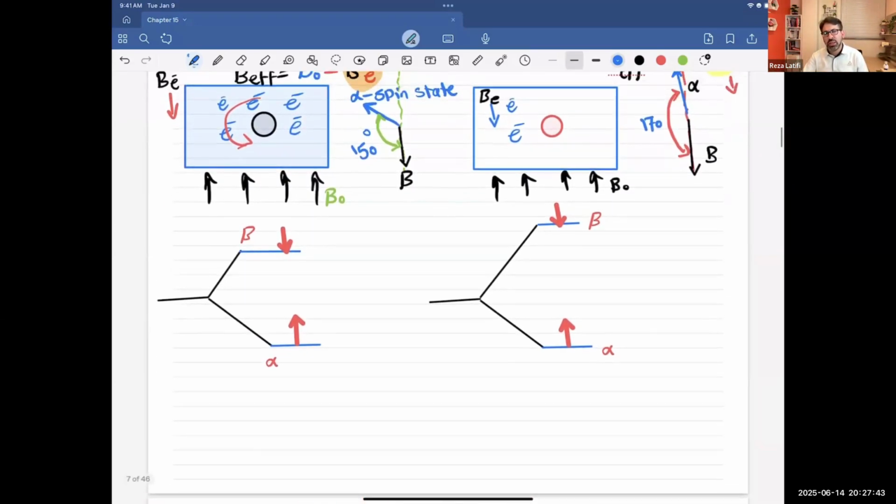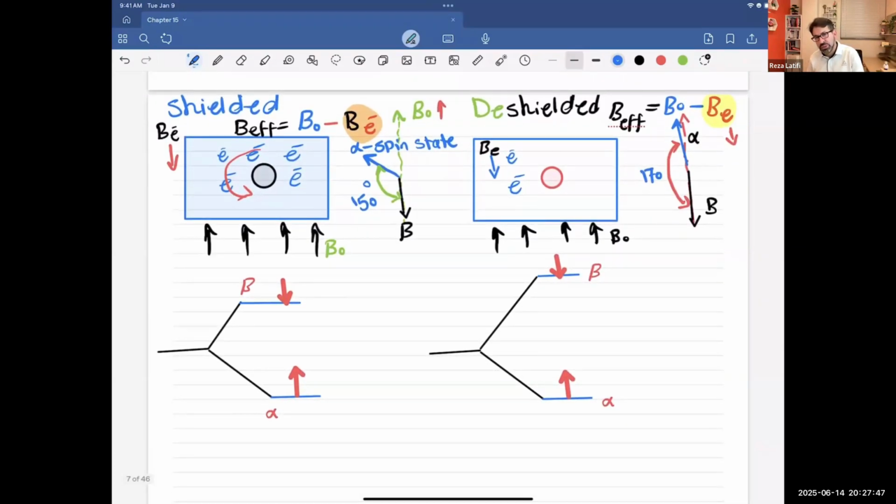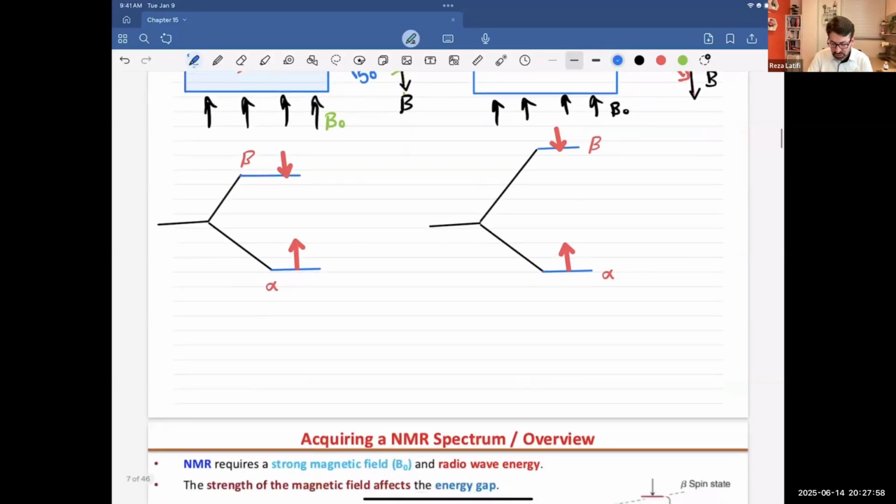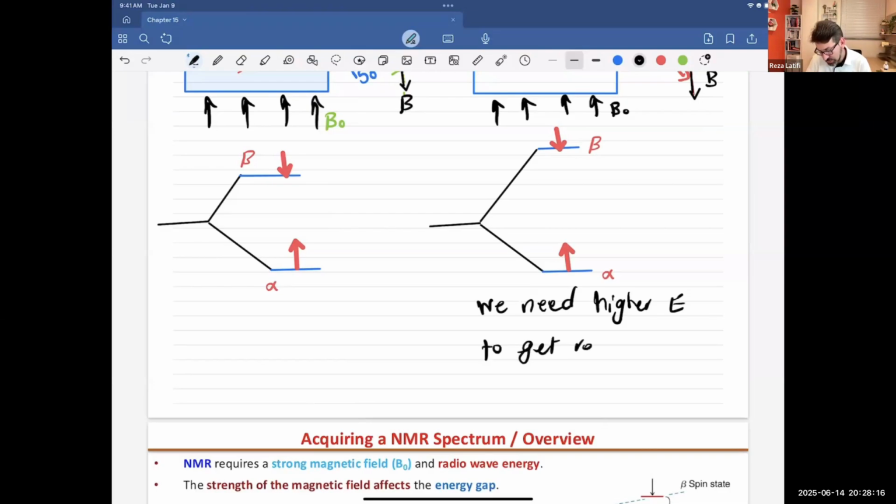And in that case, whenever we don't have many electrons around the nucleus, because all the spins will align with the external field, you will need more energy to resonate the nucleus. So in this case, we need more or higher energy to get resonance, while in the previous one we need less energy to get resonance.